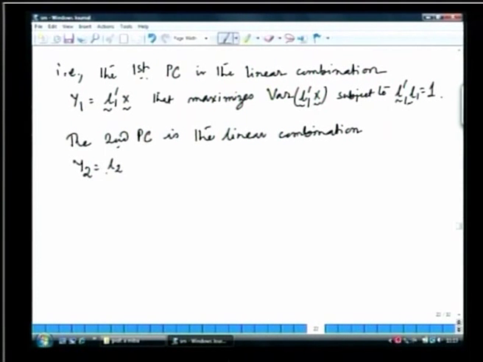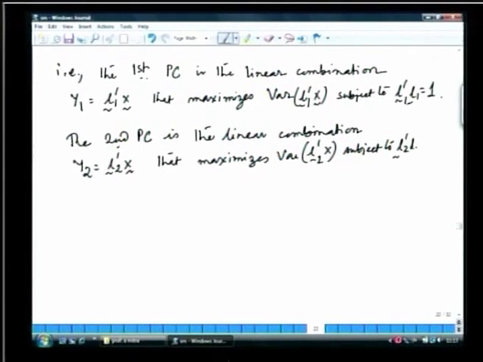This is some other linear combination of the x's, x1, x2 to xp, such that it maximizes the variance of y2, that is L2 prime x, subject to L2 transpose L2 is 1, and we must have something else here: the covariance between y2 and y1 is 0, that is, between L1 prime x and L2 prime x this is equal to 0.